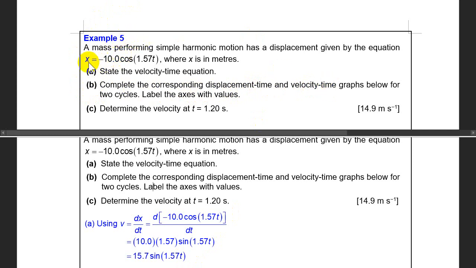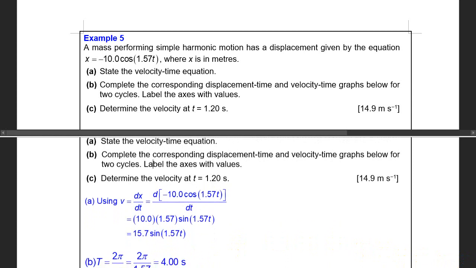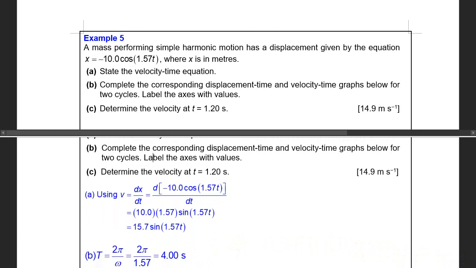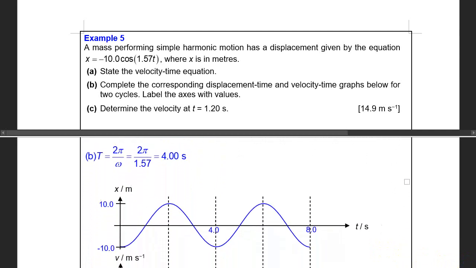Part B, they ask us to sketch two graphs, displacement-time and velocity-time. The equation is there. x is a negative cosine graph, whereas v, velocity, is a positive sine graph. So we're going to sketch a negative cosine graph for x and a positive sine graph for v. Okay, and this is how the graph will look like.